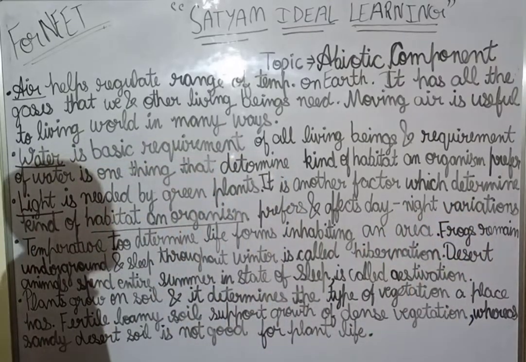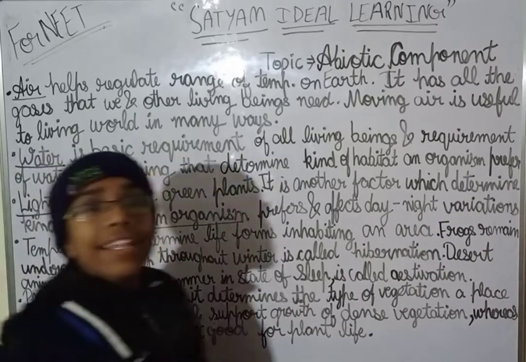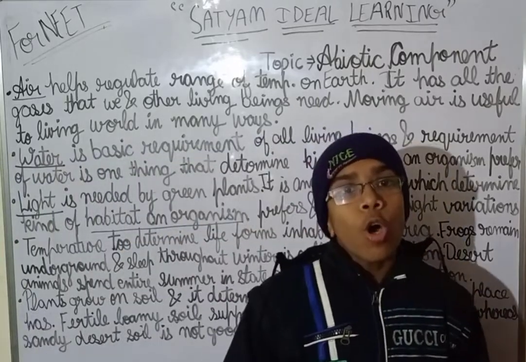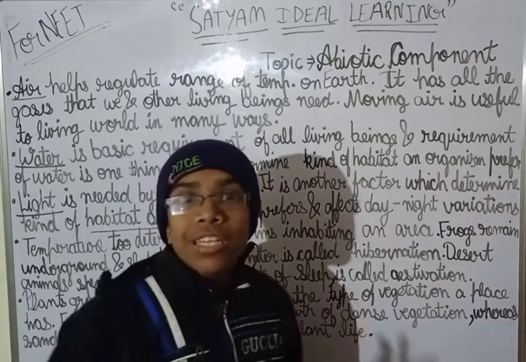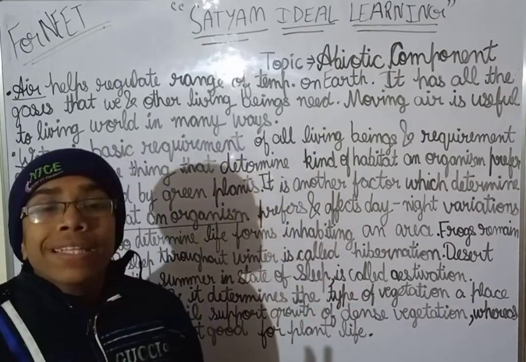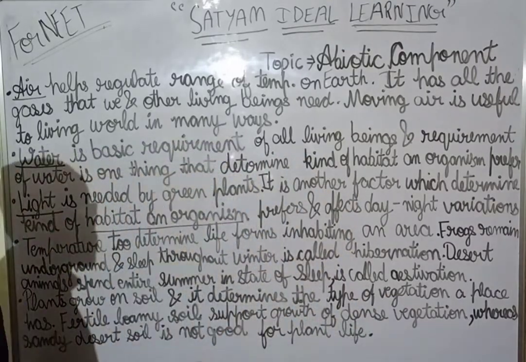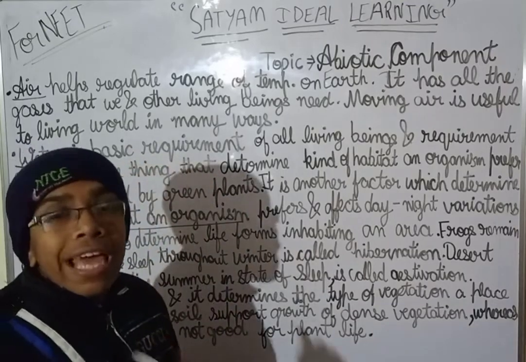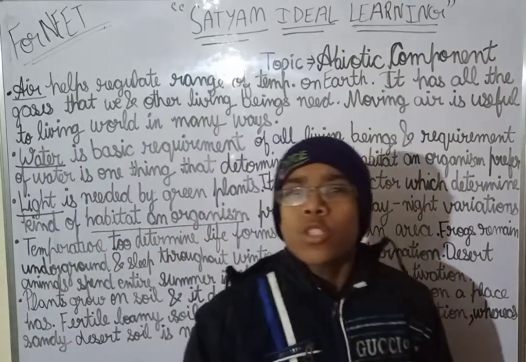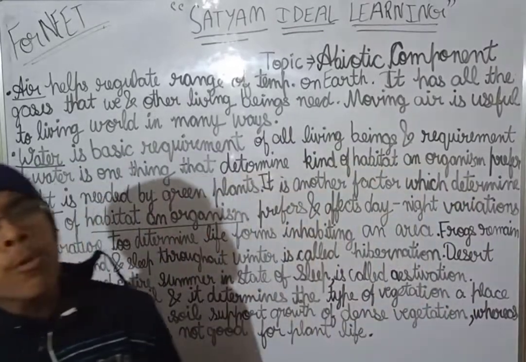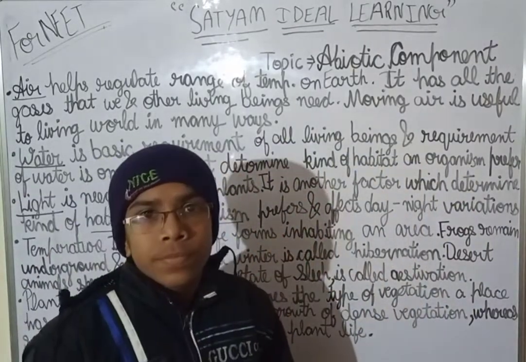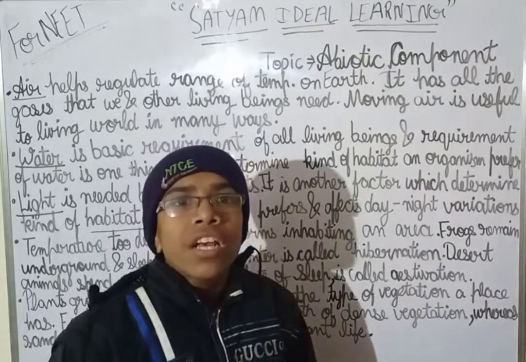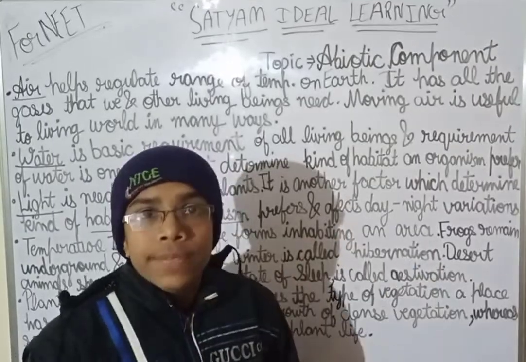And light also affects the day-night variations in the organisms, in the habits and the behavior of an organism. Now, in plants you have been seeing that there are some plants which bloom at night.